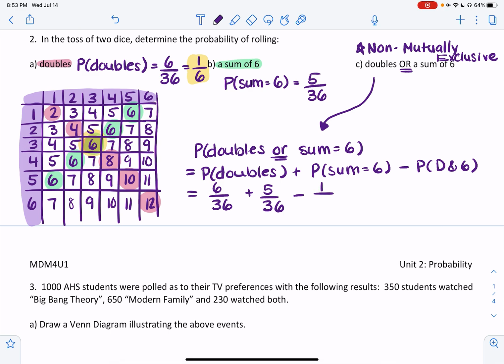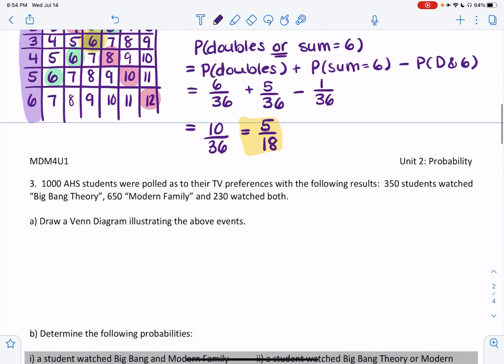There's only 1 out of 36 that is both a double and a sum of 6. So that will equal 10 out of 36, which reduces to 5 out of 18. So we just have to be very, very careful not to double count. That's really what all of this comes down to.